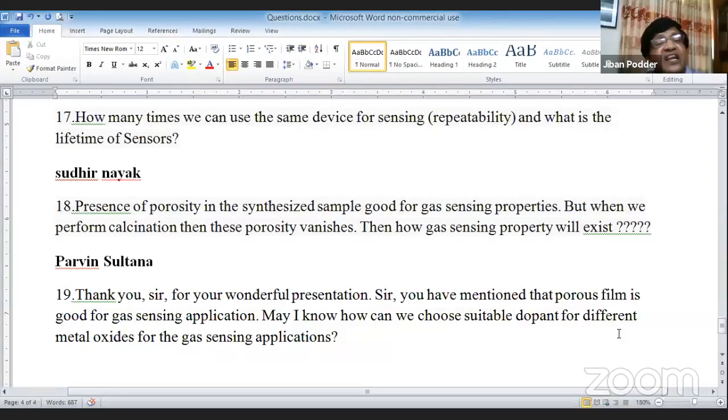The calcination is okay, because impurities vanish, and by removing all the byproduct impurities you have the stable phase. But you have to create that porosity. Unless we can produce the porous structure, it is not suitable for gas absorption. Calcination is better for having a single phase or stable phase.